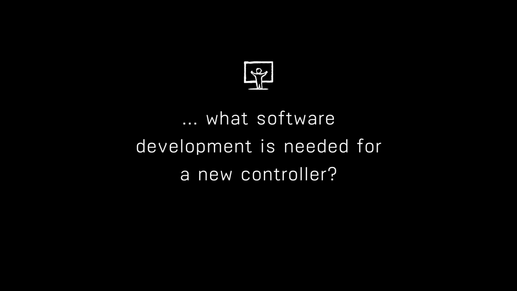What is needed from the software development point of view to bring a controller to life? It completely depends on which controller this is. The P8S8 is super simple, because we already have switches in some modules, and sliders are the same as pots. LEDs we already have. So this software was done in, I think, 2 hours. Oh, really? Much more complicated is the E4, because now we have the encoders and the LED rings.